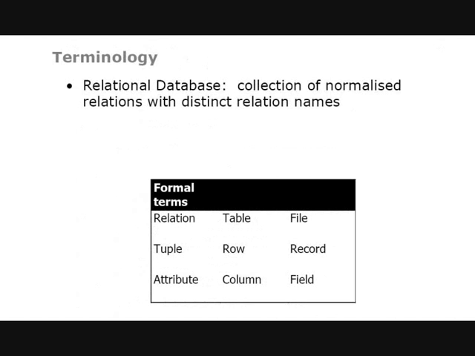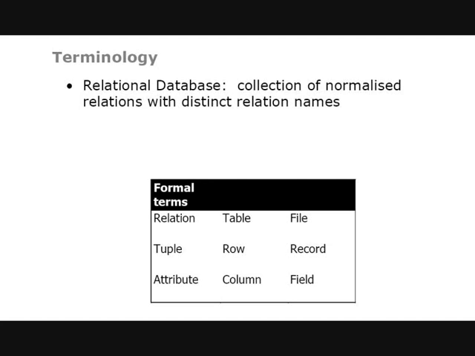So if we look at the terminology, there you have how the terminology relates. So a relation, a table, and a file are more or less the same thing. A file will probably be the parlance of the old file-based systems, whereas in the modern relational model, we talk about either relations or tables. They are the same.